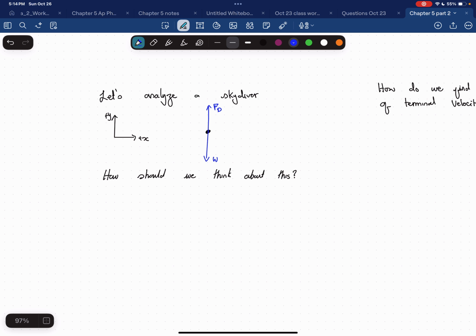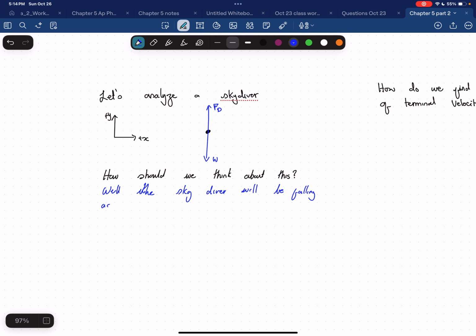So, how should we think about this? Yes, we do have an equilibrium, but it's a lot more interesting than that. The skydiver will be falling. Yes, we all know that.